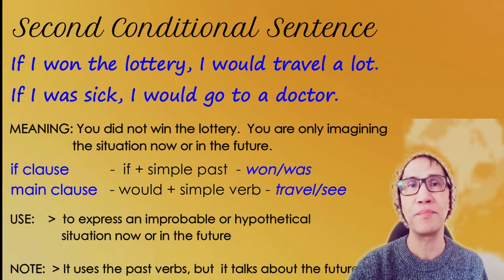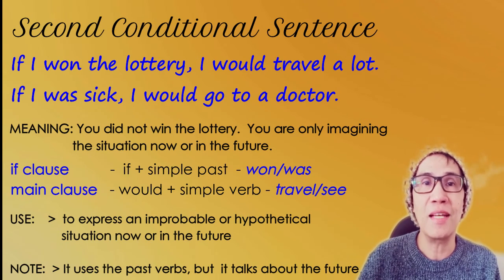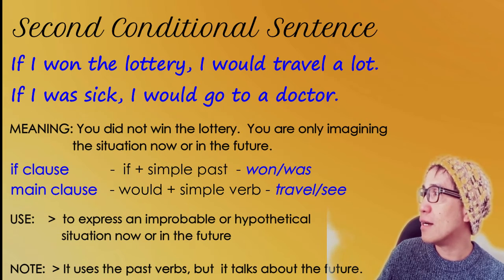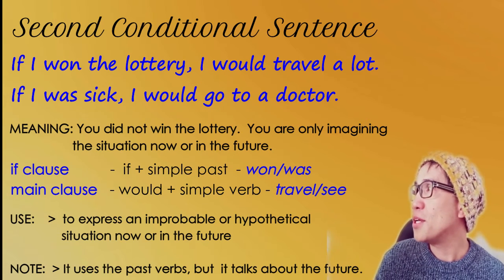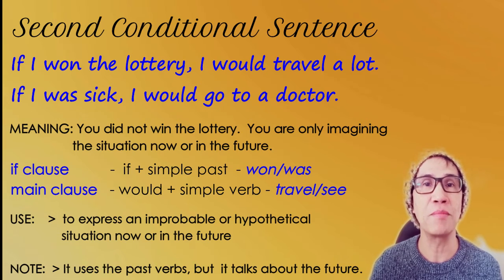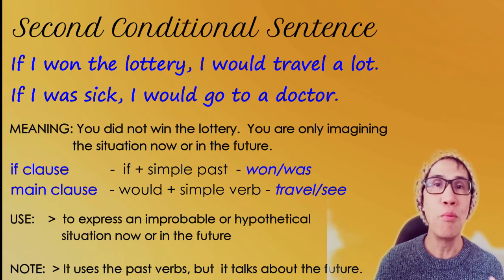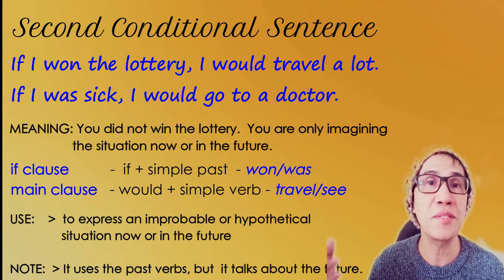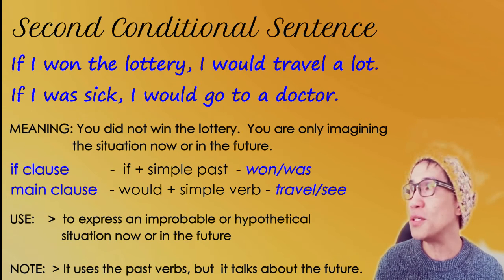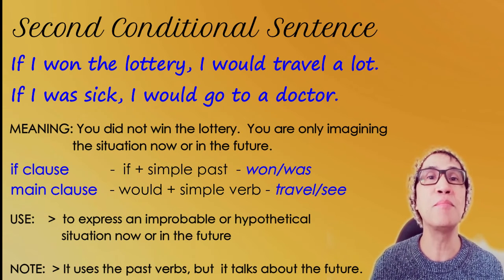Let's take a look at the structure. In the if clause, you are going to use if plus the simple past form of the verb, which is "won" or "was." And in the main clause, you are going to use would plus simple verb.